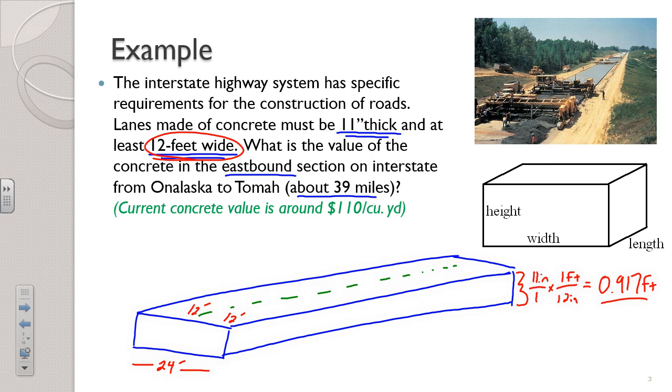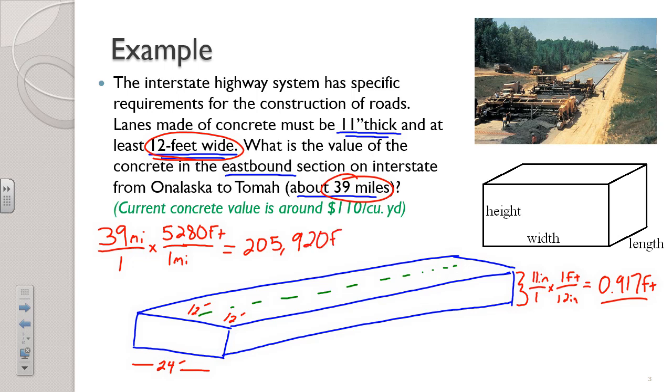And finally, the length. The length is 39 miles. So if we take 39 miles and convert those into feet so that all of our units match, we saw earlier that a mile is 5,280 feet. That conversion is on your sheet. Then that becomes 205,920 feet long.